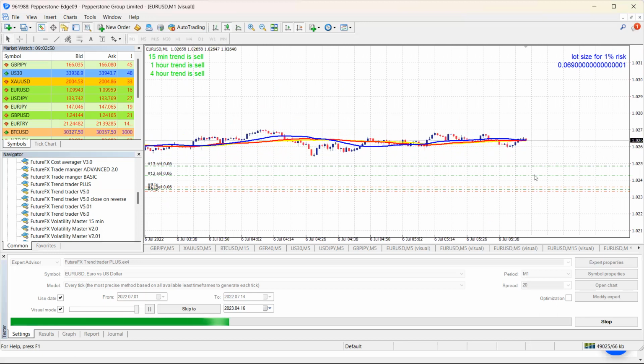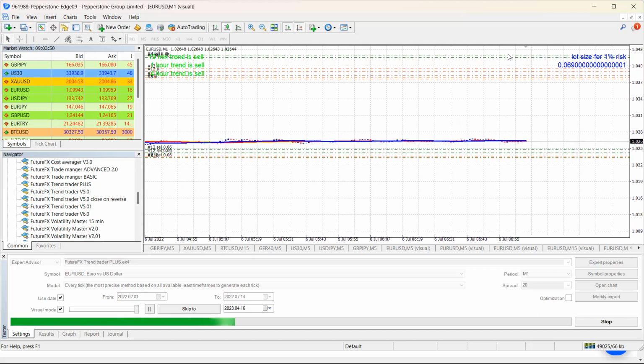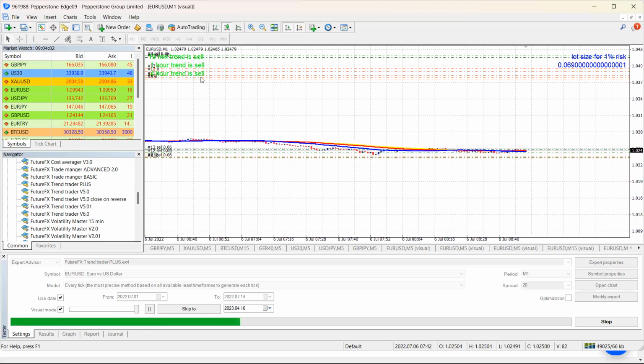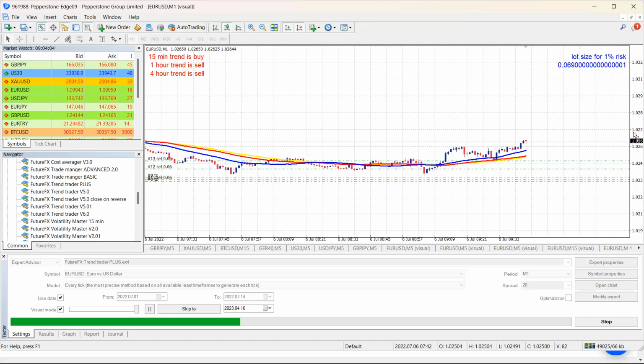So this new feature, what it does is giving you, as you can see now, we have trades right up here and we have trades down here. They're all sells because all 3 time frames are in a sell trend. It's just a little hard to tell when you're on the 1 minute time frame.